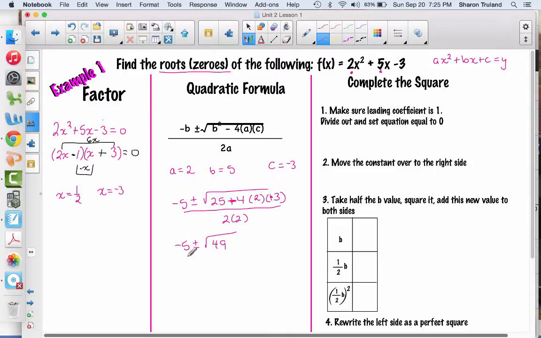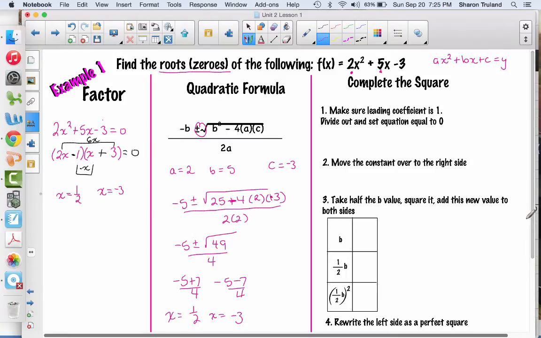So I get 49 over 4, negative 5 plus 7 over 4, negative 5 minus 7 over 4. So right, this is 2 over 4, which is a half. Negative 12 divided by 4 is negative 3. I'm getting the same answers as over here. Remember, plus or minus means I'm going to have 2.